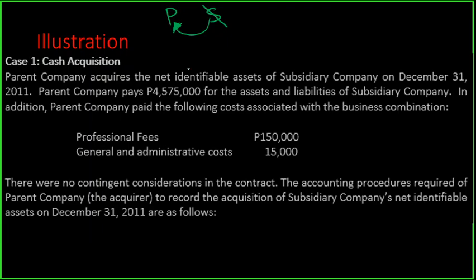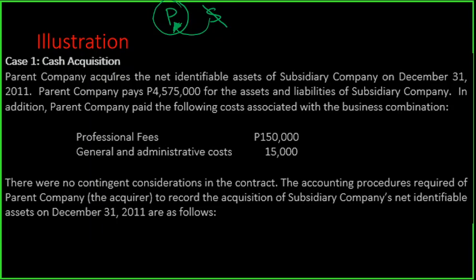Since earlier in our discussion, the acquisition will be viewed from the perspective of the acquirer always, if we are talking of what journal entry should be made, how this will be valued or presented or remeasured, we will always consider the perspective of the acquirer.